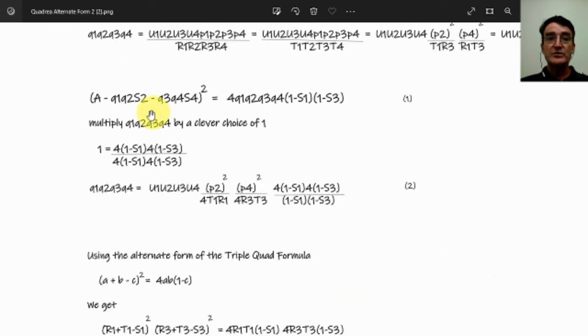So here's equation 1 up here, which is our original quadratic equation for the quadria of a projective quadrangle. And we're going to substitute this Q1, Q2, Q3, Q4 with equation 3.